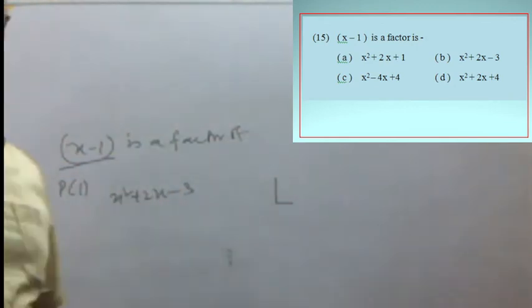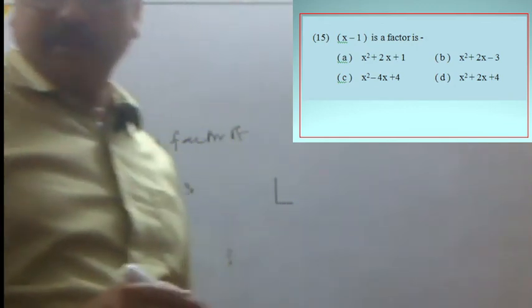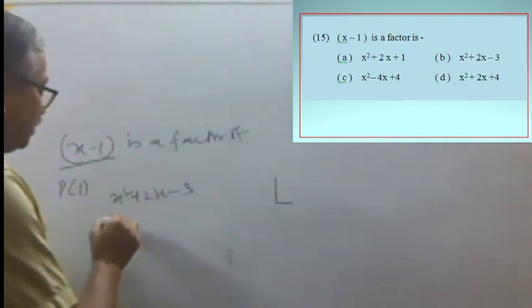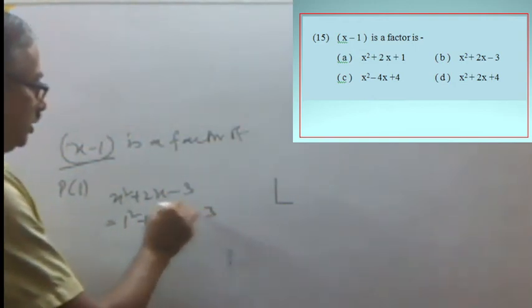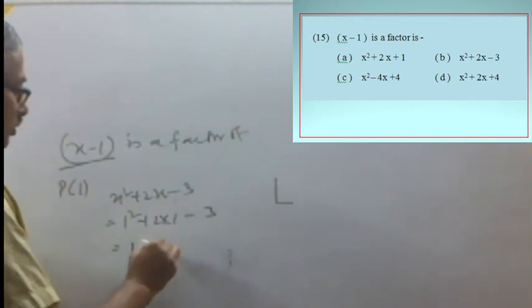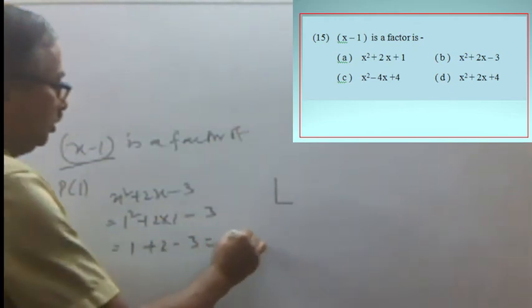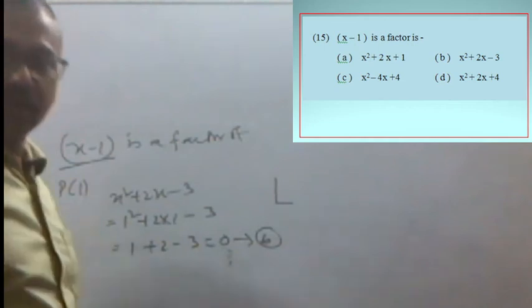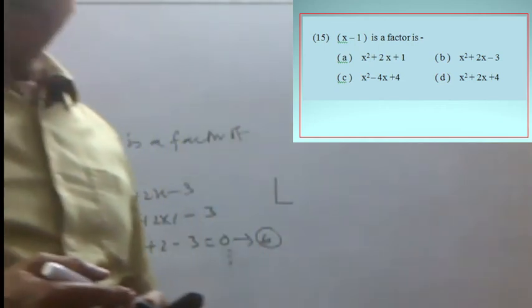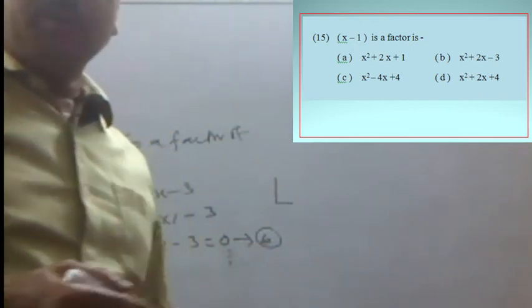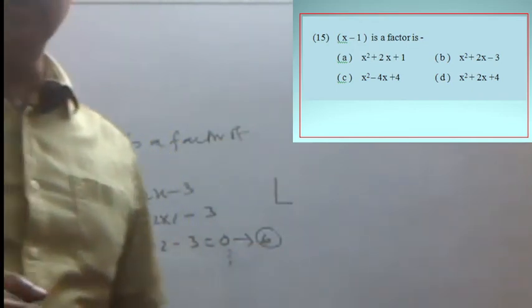Here if we put x equal to 1, 1 square plus 2 into 1 minus 3. This is 1 plus 2 minus 3, equal to 0. So option B is the correct option. That is question number 15: x minus 1 is a factor of x square plus 2x minus 3.